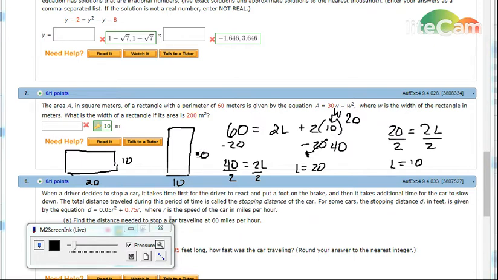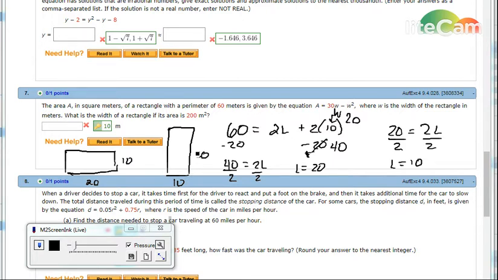In both cases, it's a 10 by 20 rectangle. I don't know why they've chosen to say that the smaller side is the width. To me, it's debatable which one's the width and which one's the length, but they've chosen to only include one answer here, and that's the smaller one. So they say the answer is 10.